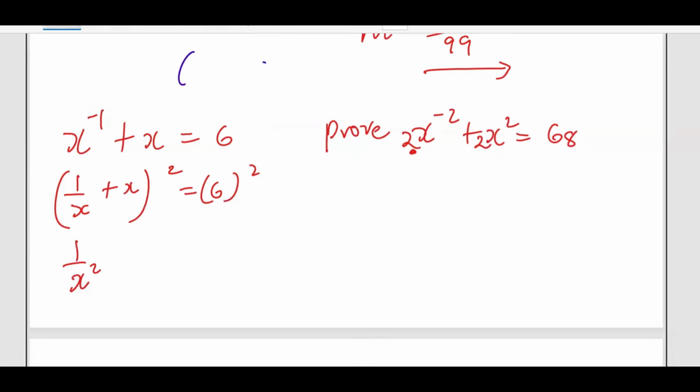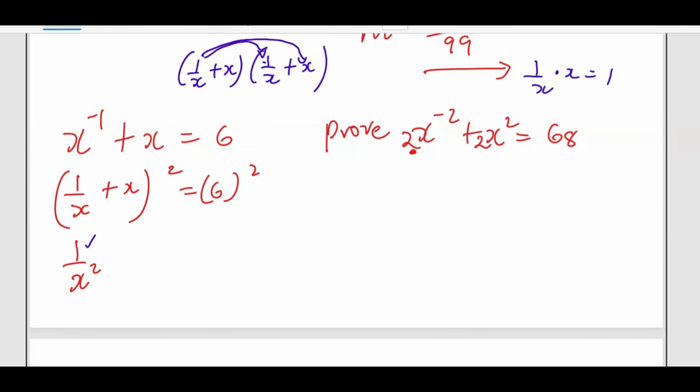So we are saying 1 over x plus x, 1 over x plus x. 1 over x times x is going to give us a 1 because the x's will cancel, and x times 1 over x is also 1. Then x times x gives us x squared. 6 squared is 36.